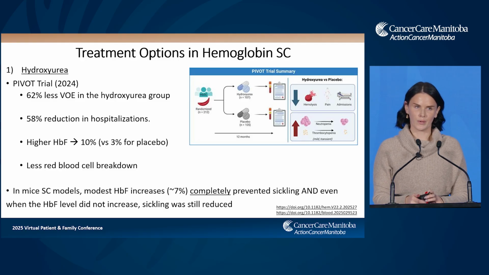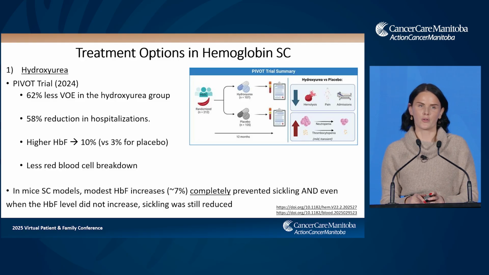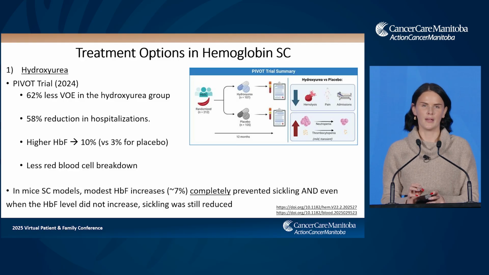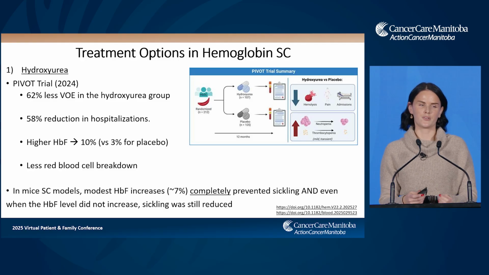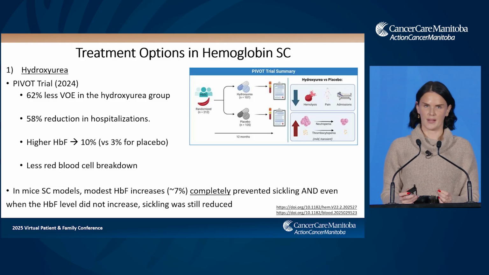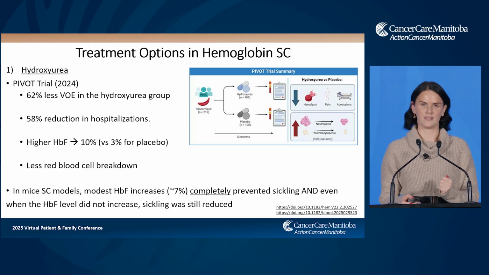And super cool, actually, is in mice models, they found that very small increases in hemoglobin F completely prevented sickling. And interestingly, even when the hemoglobin F did not increase, sickling was still reduced. So clearly hydroxyurea is doing other things aside from just increasing the fetal hemoglobin.